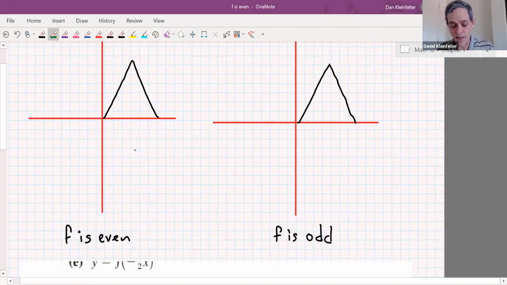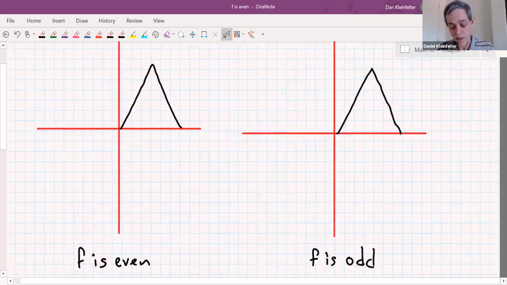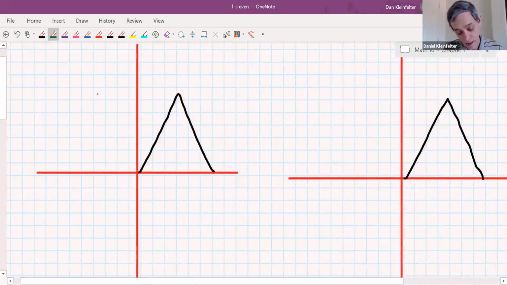It would fail the vertical line test. So it's either going to be in quadrant 2 or 3. For an even function, the graph is going to be a reflection across the y-axis. So where on this one, its point is right here, it should be about the same distance to the left and about the same height.